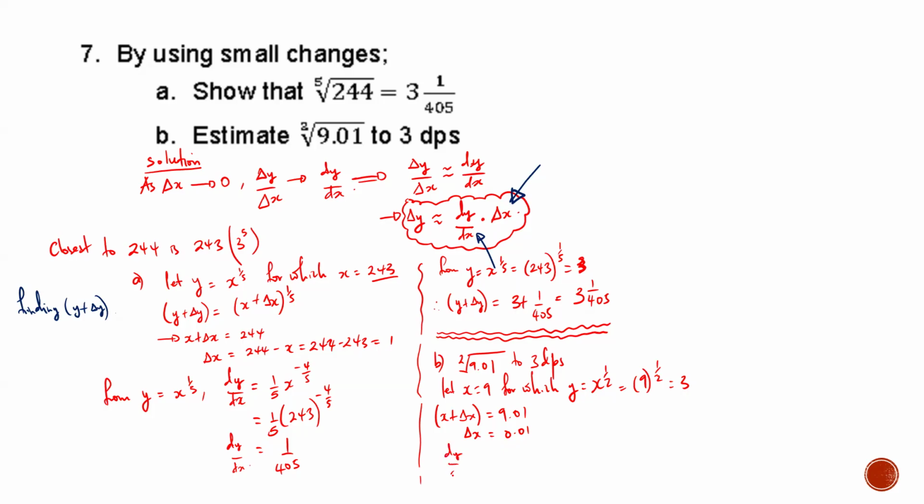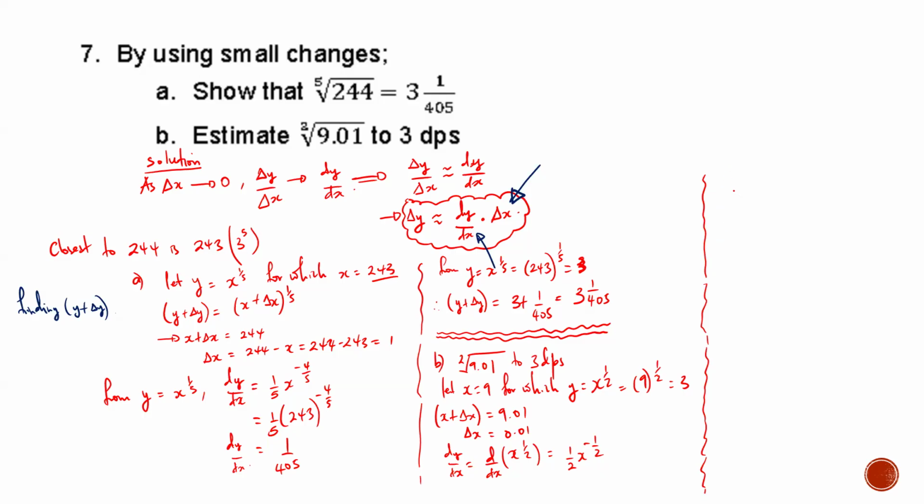So dy dx is equal to d/dx of x to the power half, and that is a half times x to the power negative 1 over 2.